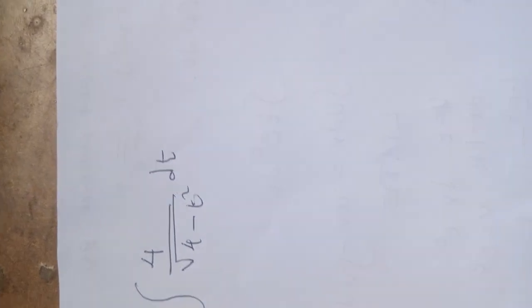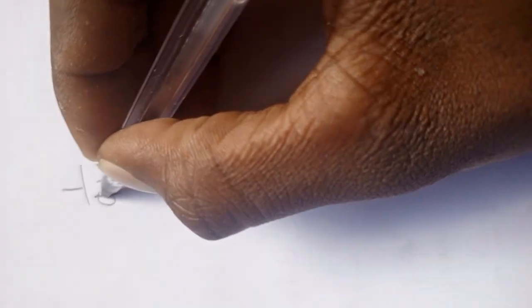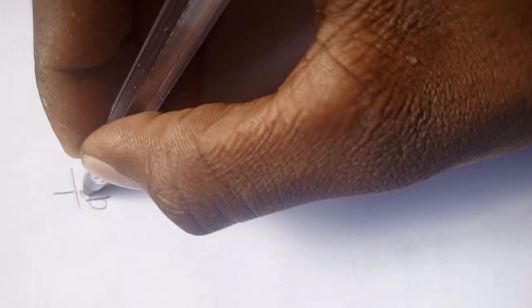Now we have to ask ourselves, which trig substitution is suitable for this bad boy? Let me show you here. When you find something like 1 over 1 plus t squared, whenever it's a plus, even if it's the root of 1 plus t squared, your t will equal a tan theta, where we put it as a squared.